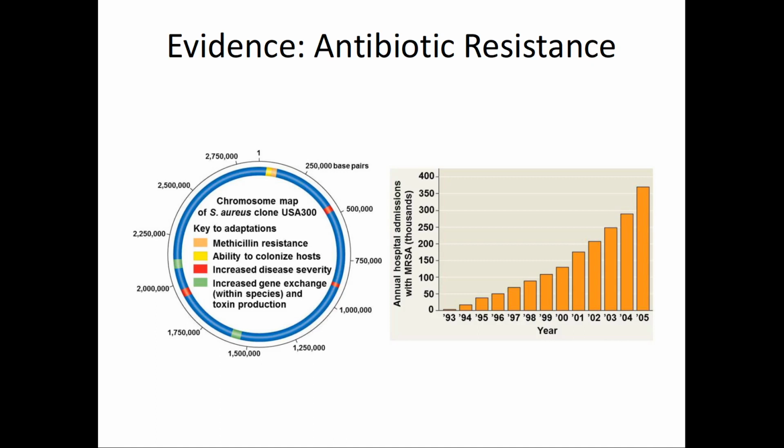Let's say that we have one bacterium that happens to have a mutation that allows it to live a little bit longer in the presence of, or resist a little bit more, antibiotic. All others die and it survives. Well, it starts dividing and reproducing. So now you have a whole population of slightly more resistant MRSA bacteria.